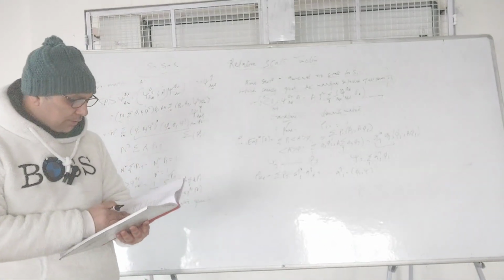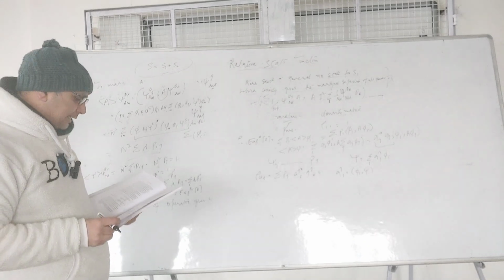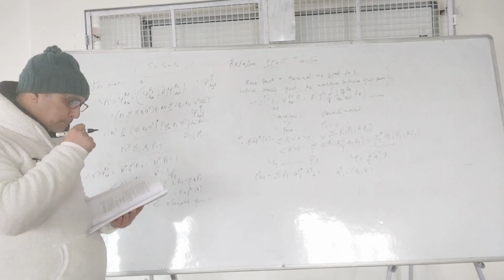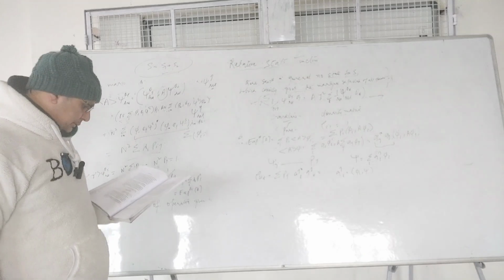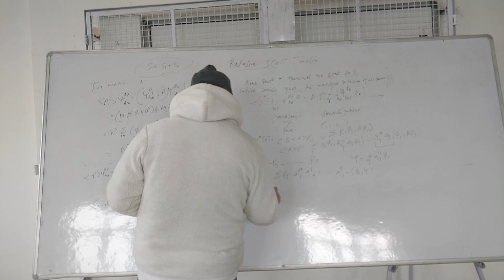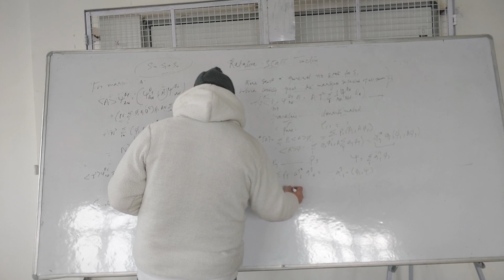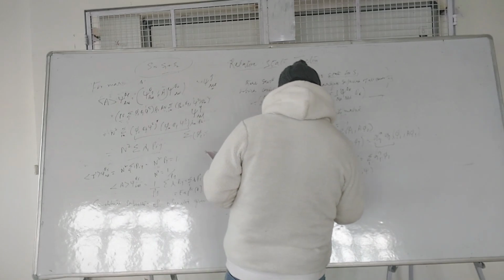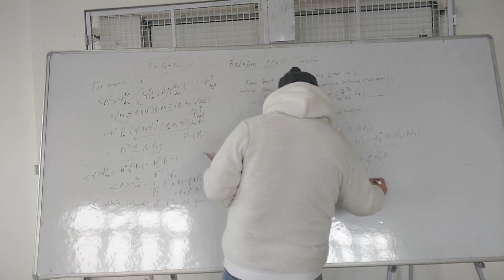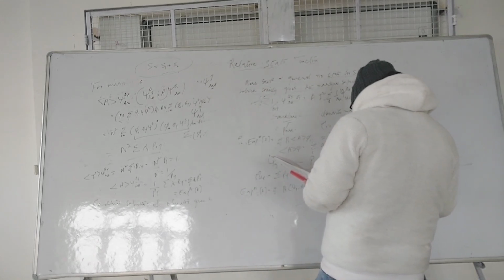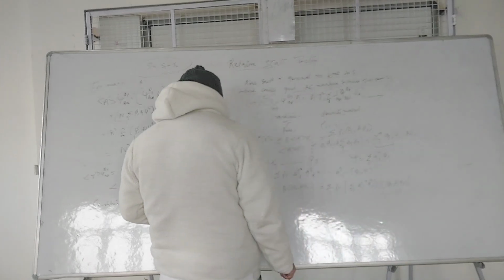So from this there can be an exercise: the expectation can be written as the sum of phi_i A phi_l.